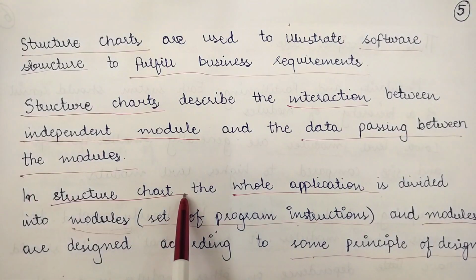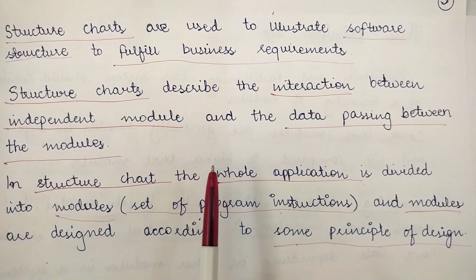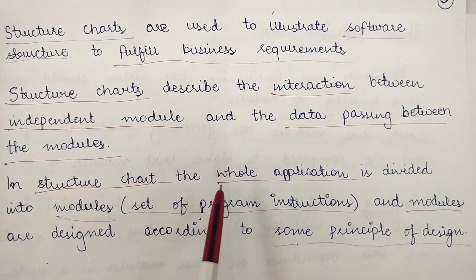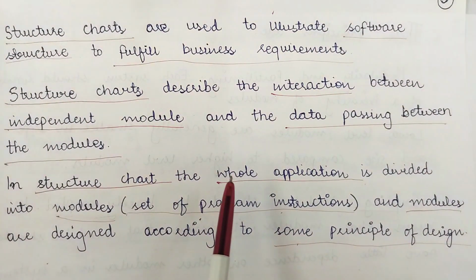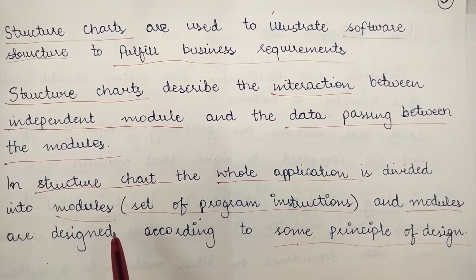In a structure chart, the whole application is divided into modules, right? So basically, as I said, the whole system is divided into subsystems to reduce the design complexity of the system. To cater to those subsystems, we have modules. For every subsystem there is a module.